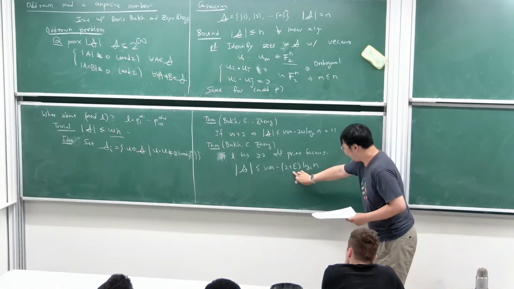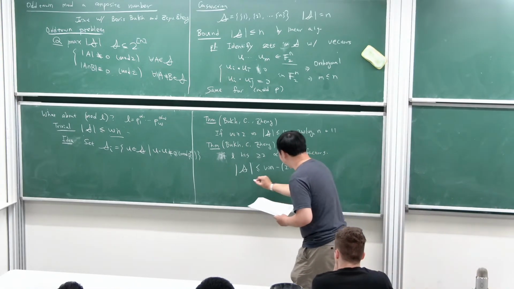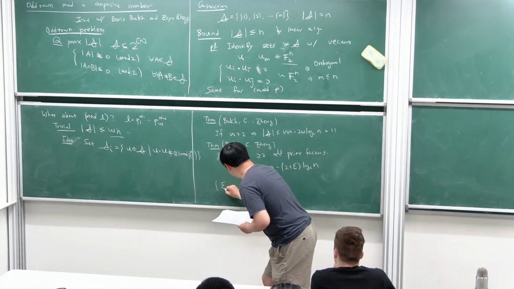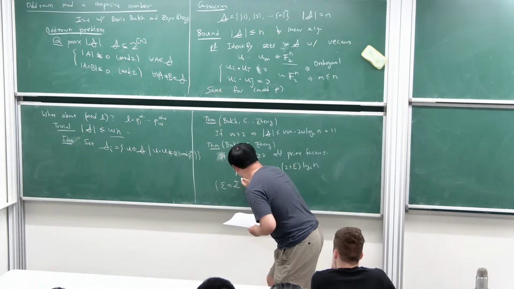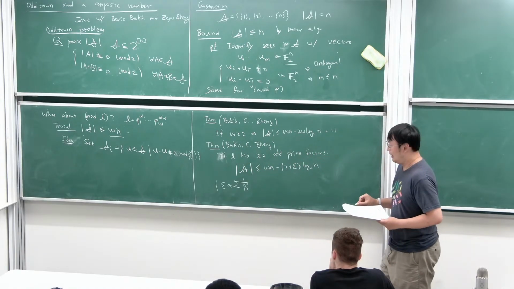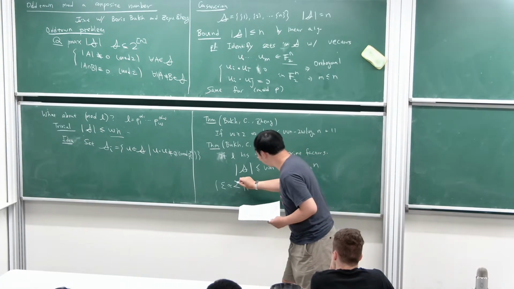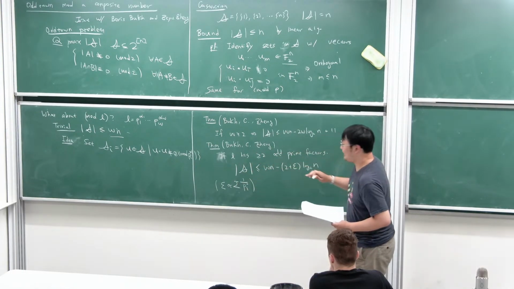You can get this epsilon by doing some Fourier analysis. For your record, the epsilon will be roughly the sum of 1 over p squared. So it's really tiny and depends on p. Indeed, you sum over all but 1 odd prime factors. That's why you need at least 2 odd prime factors.